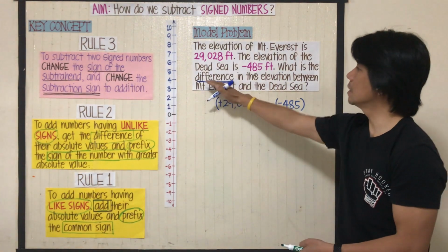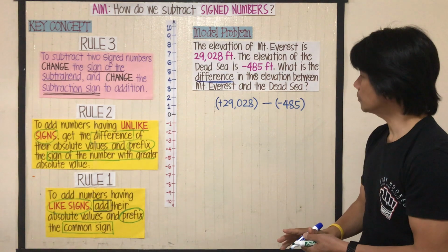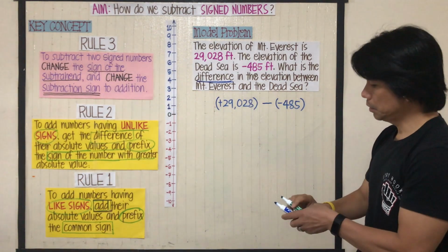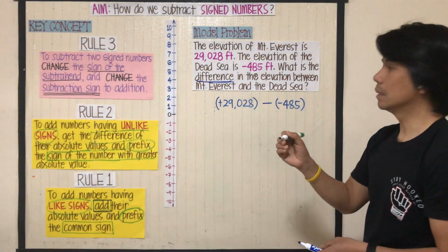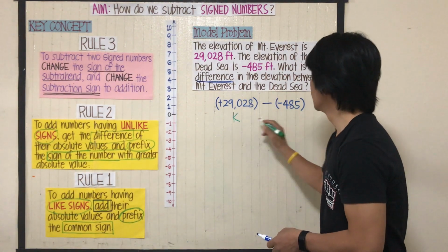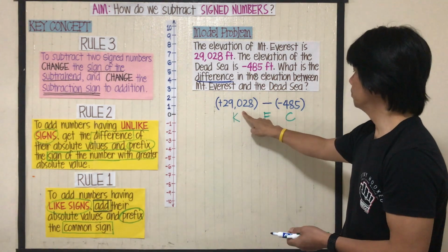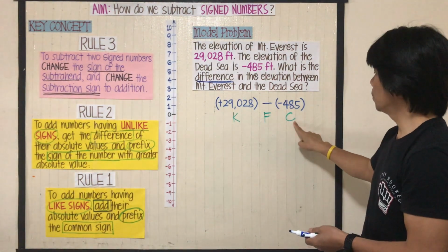Now it says here, find the difference. That means it's subtraction. Going back to the rule, as we already learned from the previous example, we do KFC. So we keep, we flip, and then we change the sign.